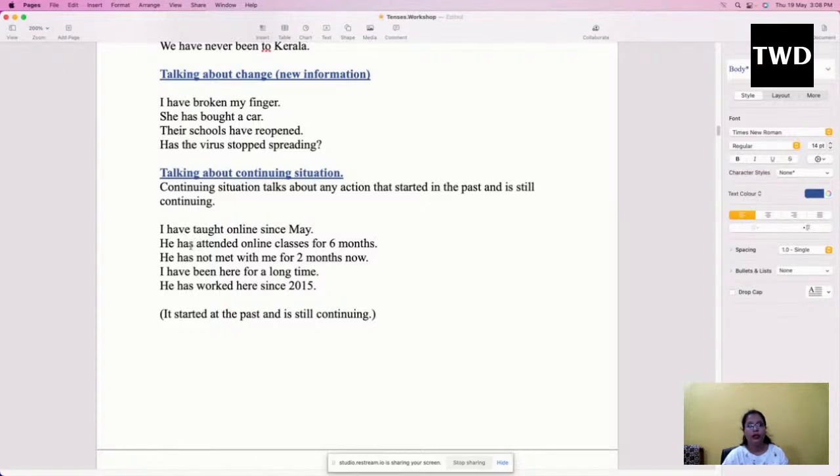The action is continuing. He has attended online classes for 6 months. Means 6 months back he joined the classes, and now also he is going to that class. He has not met with me for 2 months now. So starting from the beginning till now, it has been 2 months that these people have not met each other.